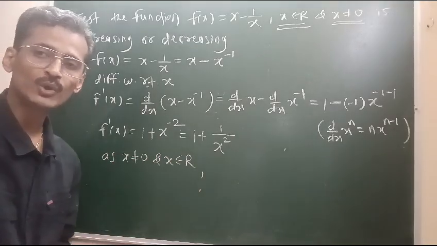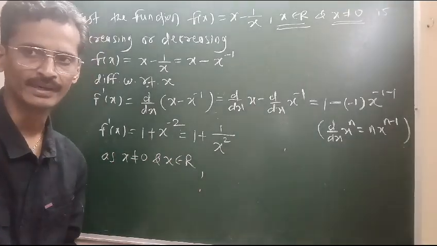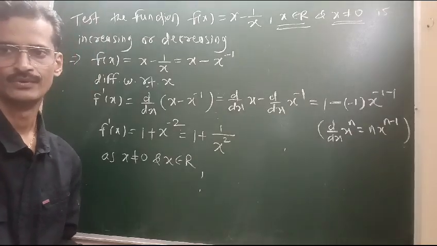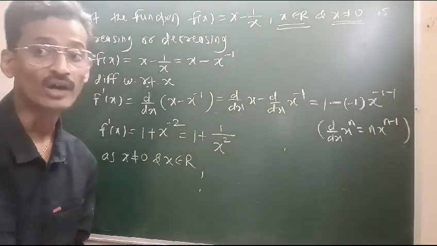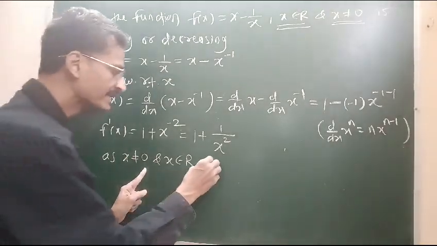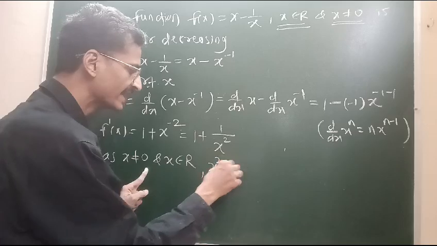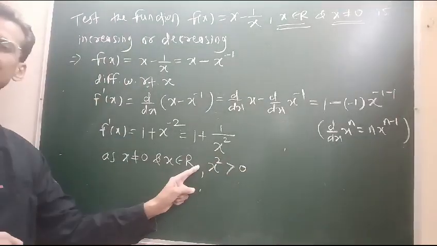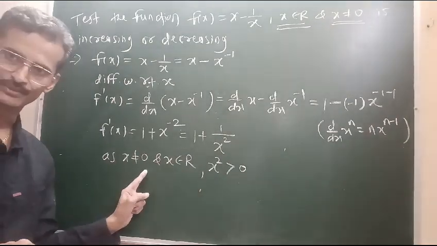Now we know that the square of a real number is always non-negative. So either it is positive or it is 0. But x is not 0 also. That means here x square is greater than 0. Because it would be 0 only if x is 0, and x is not 0.